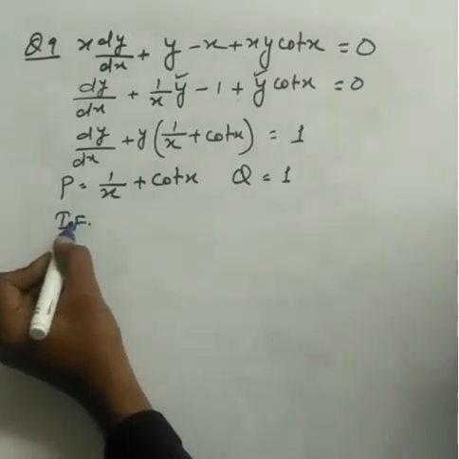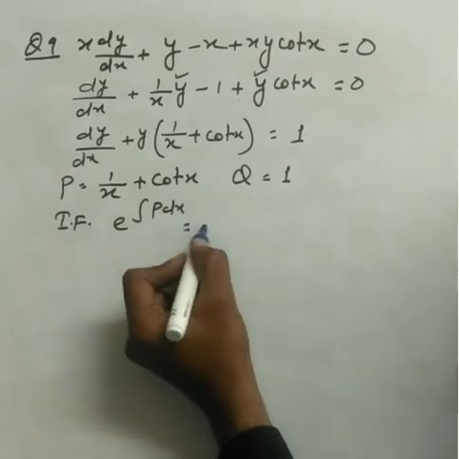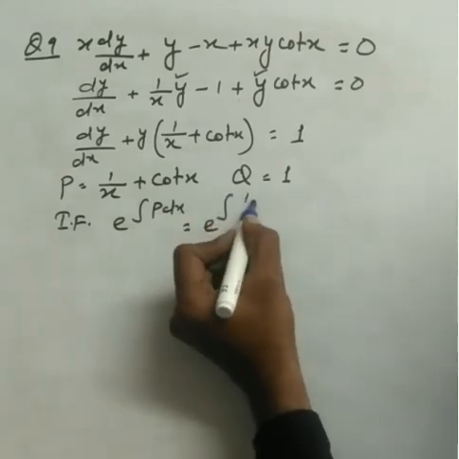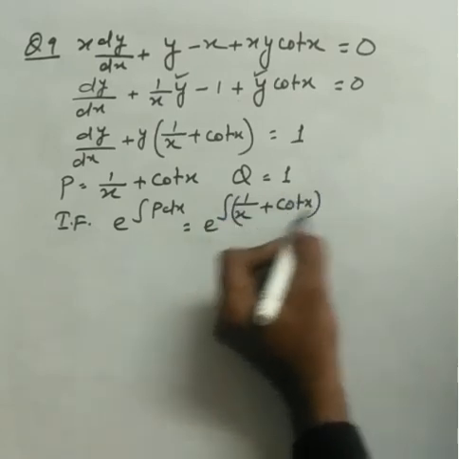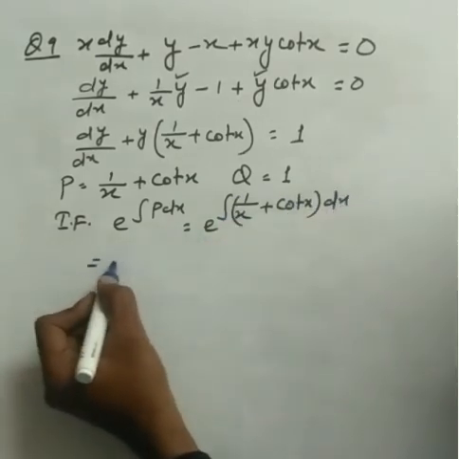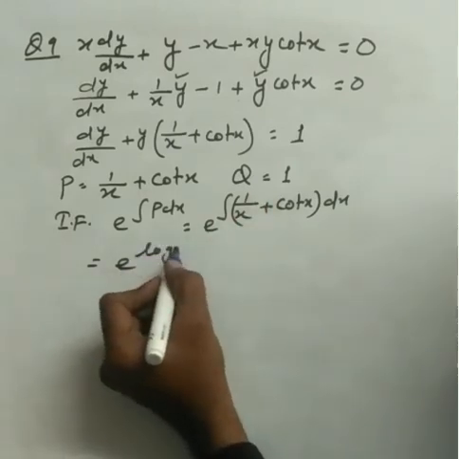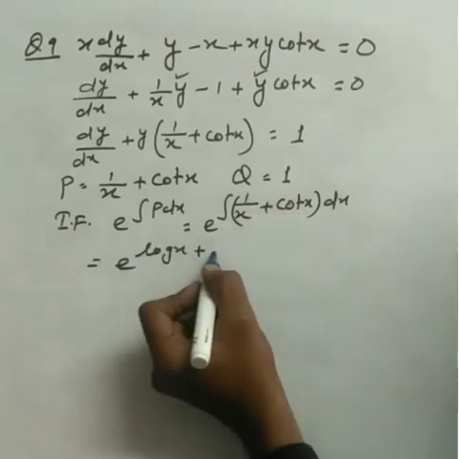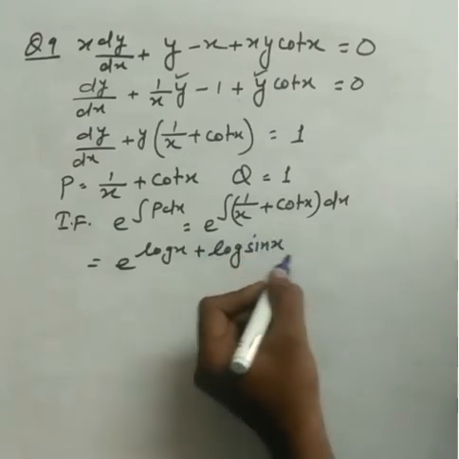IF is e power integration of p dx, e power integration of 1 upon x plus cot x dx. E power integration of 1 upon x is log x. Integration of cot x is log of sin x.